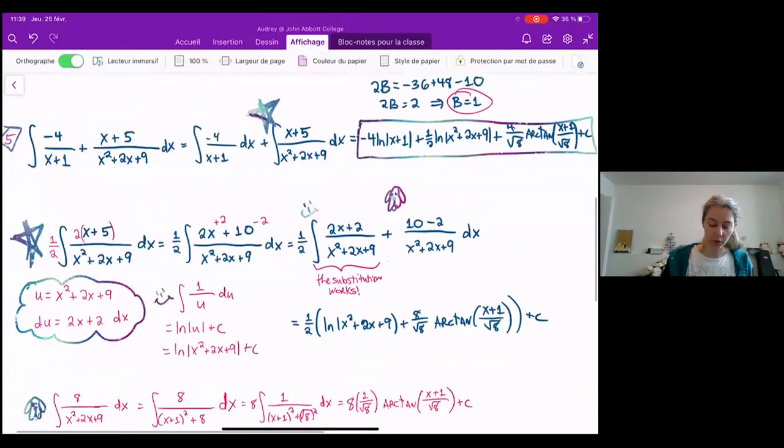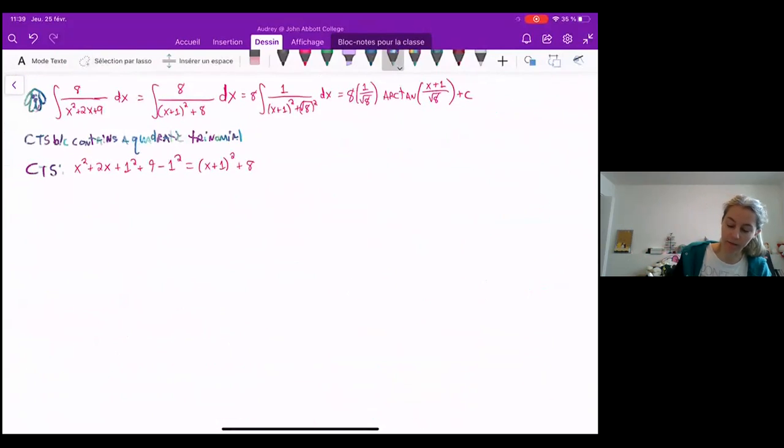So let's go down to the bottom here and think about what kind of integral it is. I'll call this asterisk since I've already used quite a few stars.